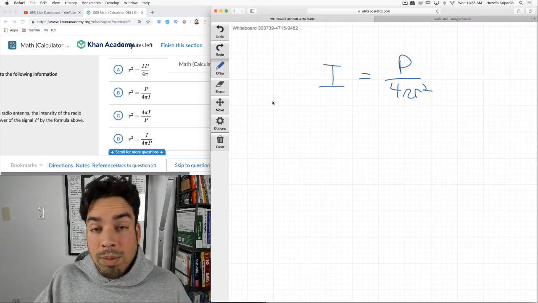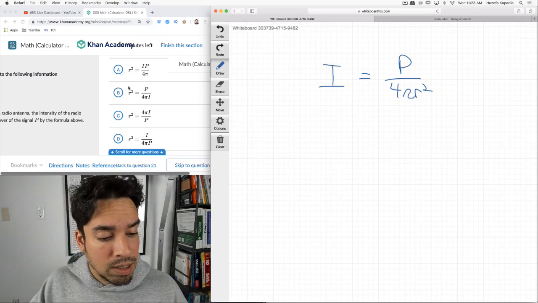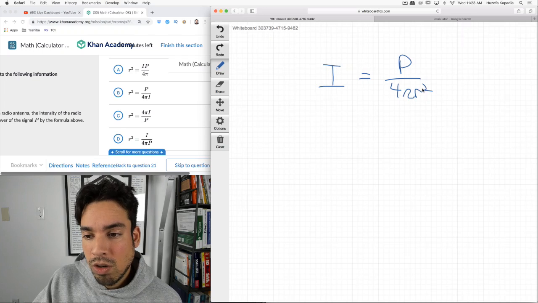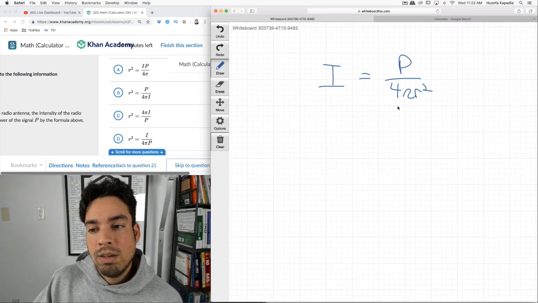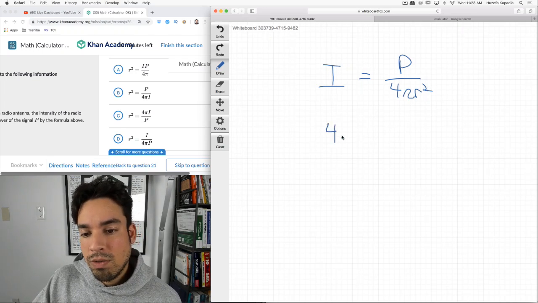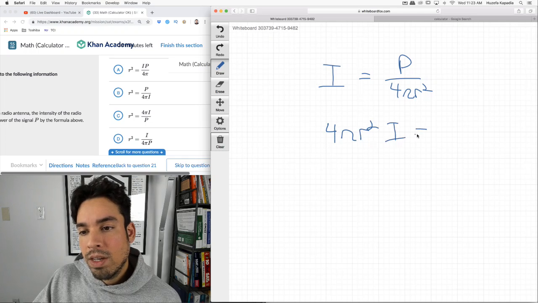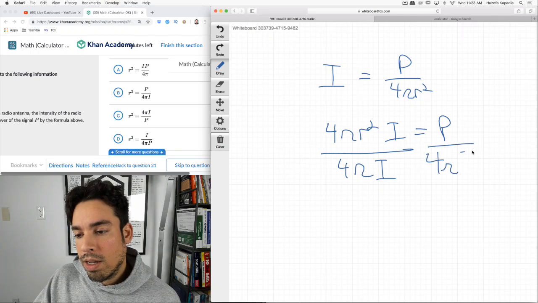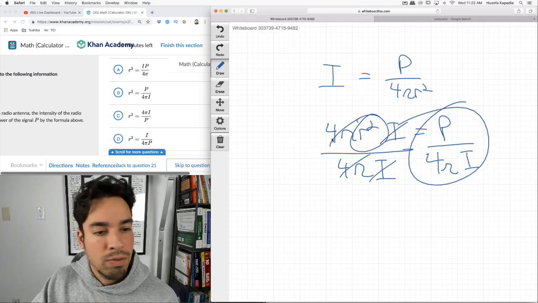Remember I said sometimes we can just figure out if it's an isolation question, and that's what it is based on the answer choices. We're just isolating R squared. So I'm going to multiply everything by 4 pi R squared. Watch this. 4 pi R squared I equals P. And then we're going to divide everything by 4 pi I. I'm trying to isolate R squared. There it is. P over 4 pi I.